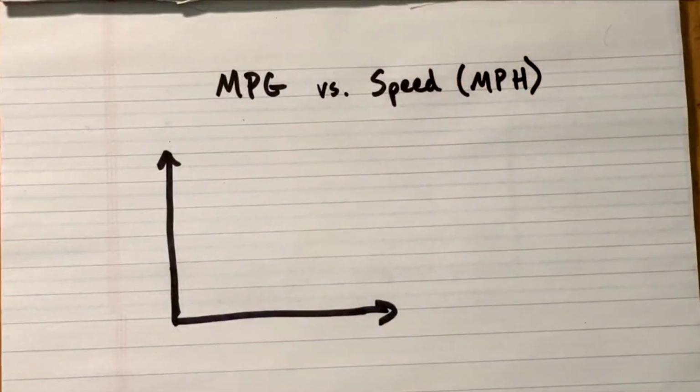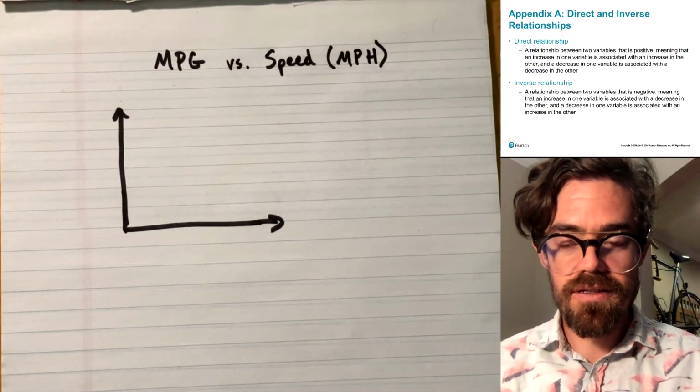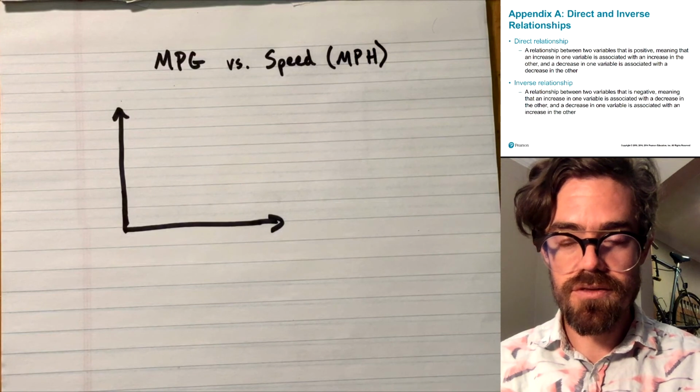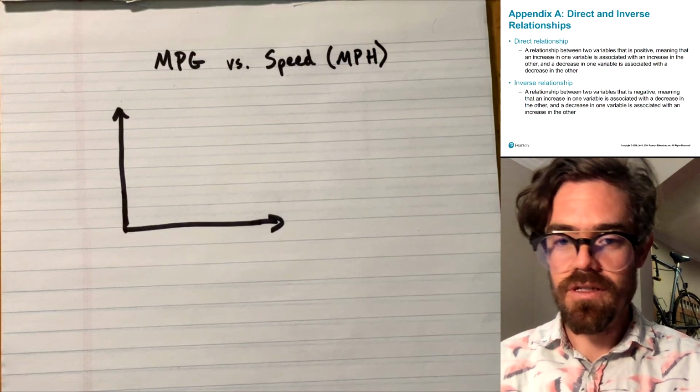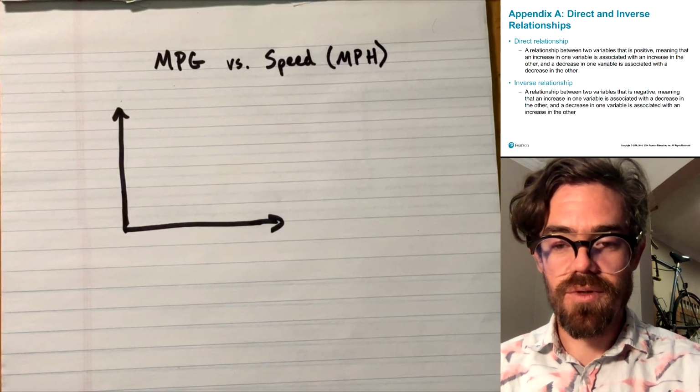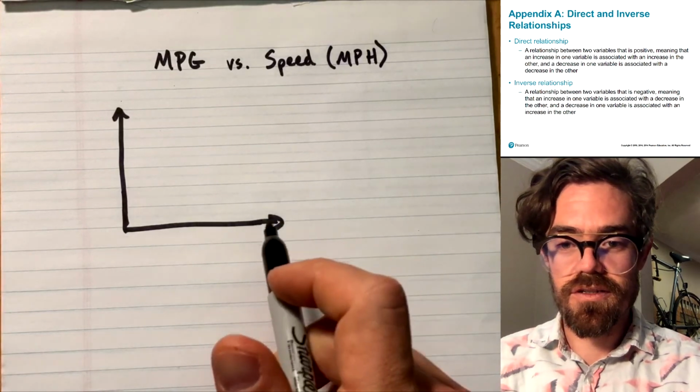Okay, for a vehicle, right? So go ahead and pause this for a second if you need to. Think about which one depends on the other, which one causes the other, and let me know where you think I should put them on this graph here.